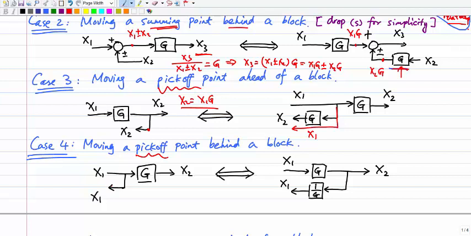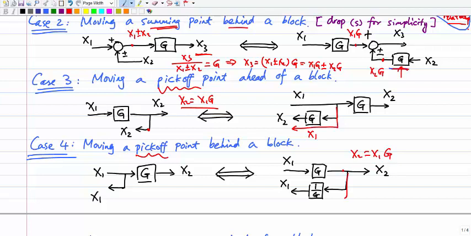The next one, I'm going to move a pickup point behind the block, okay? So here, let's say I have this as my feedback. I have X1 going back to a certain place. If I move this behind the block, I have to add 1 over G. The reason I have 1 over G is that X2 is X1 times G, okay?